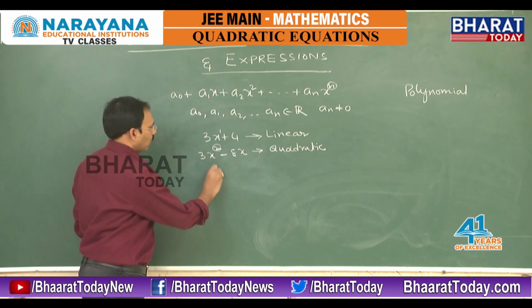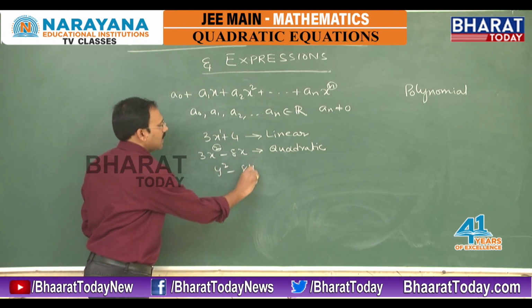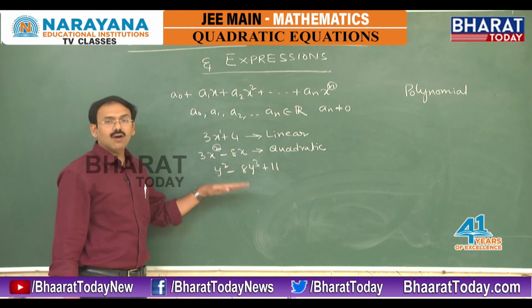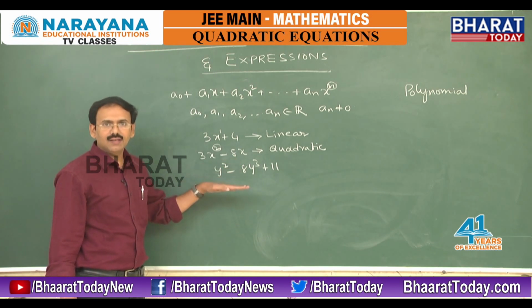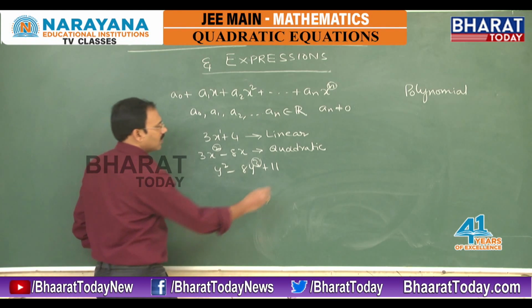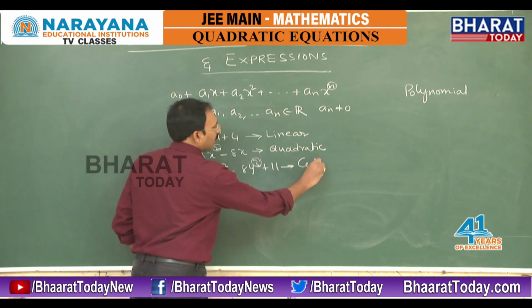Whereas y square minus 8y cube plus 11 is a polynomial in the variable y and the degree is 3. If the degree is 3, we call it a cubic polynomial.